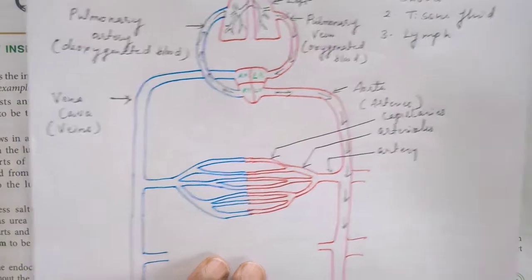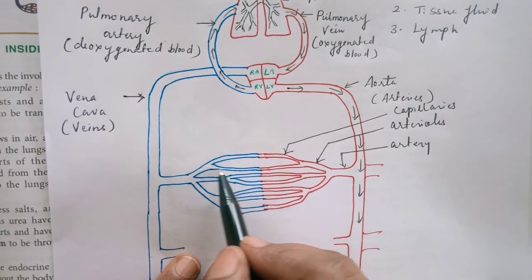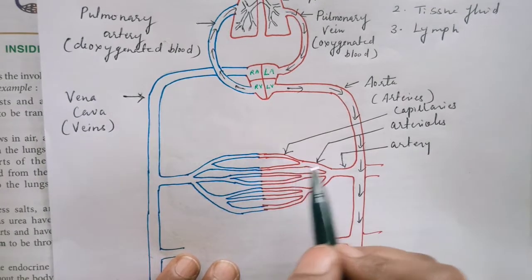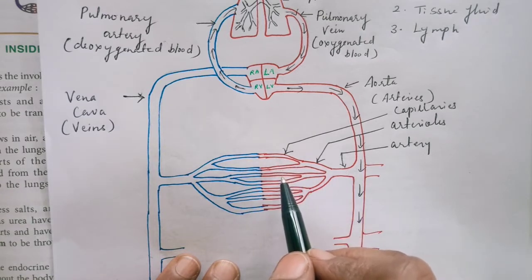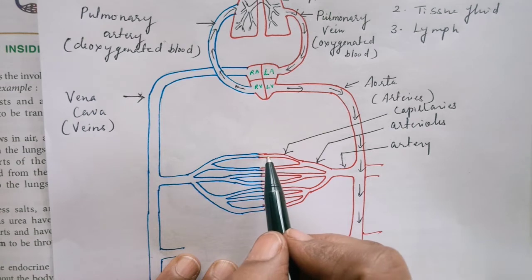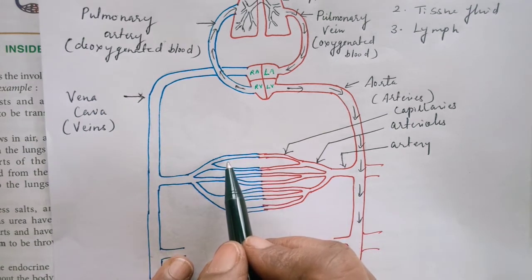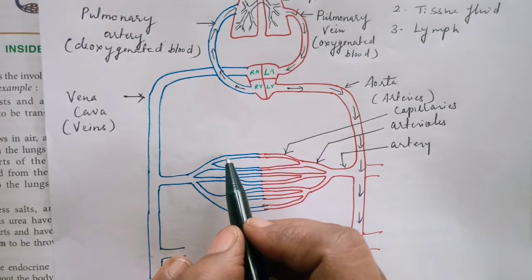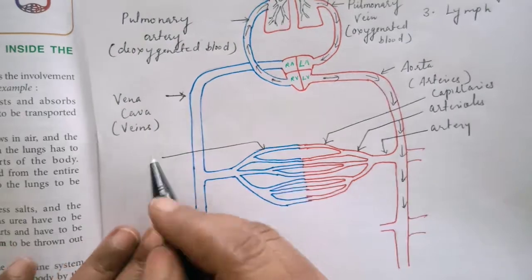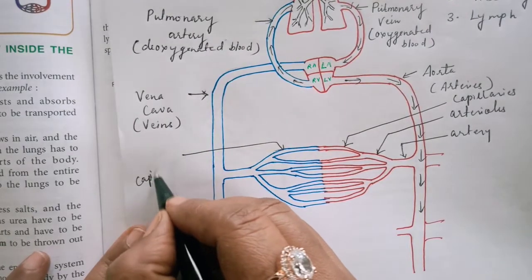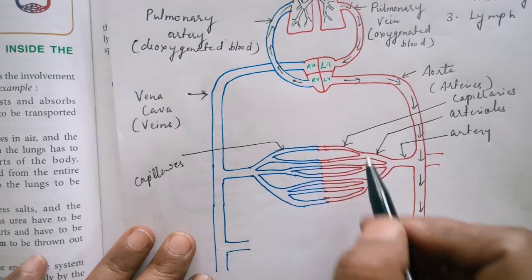In this figure we can also see that these capillaries are reuniting. Through the arteries the oxygenated blood always flows, but when the artery has become converted into the vein, which is shown by blue color over here, these are also capillaries, students, shown in blue color, because now these capillaries are collecting the deoxygenated blood from their surroundings.